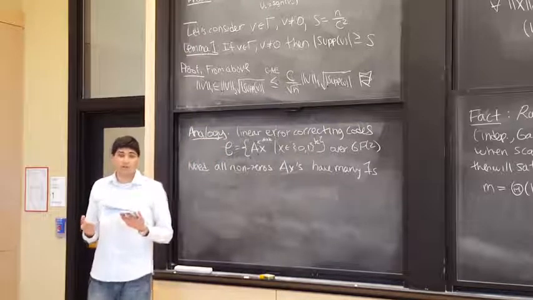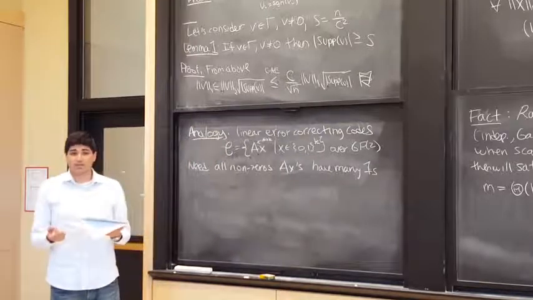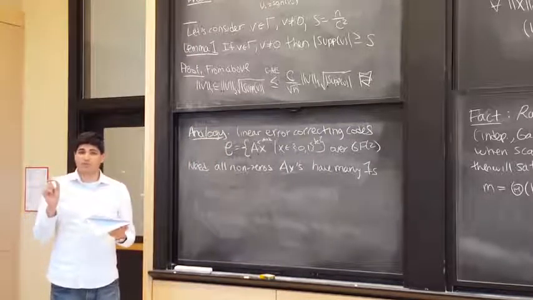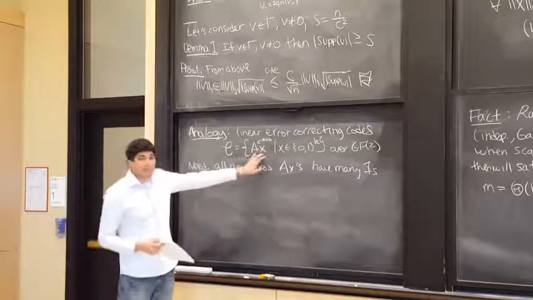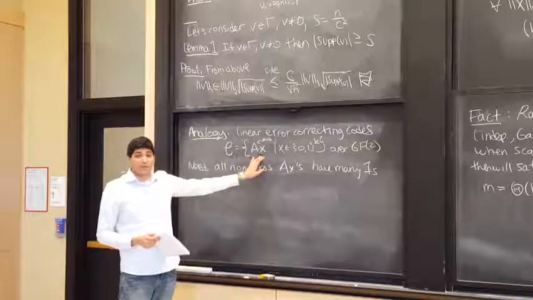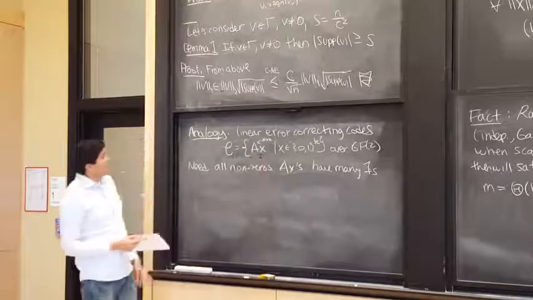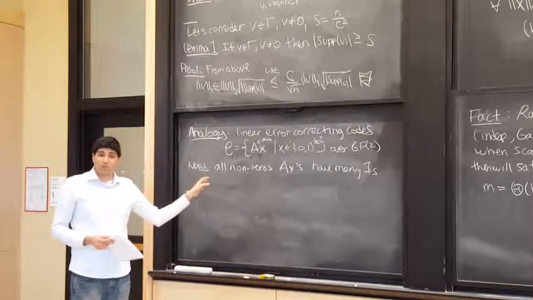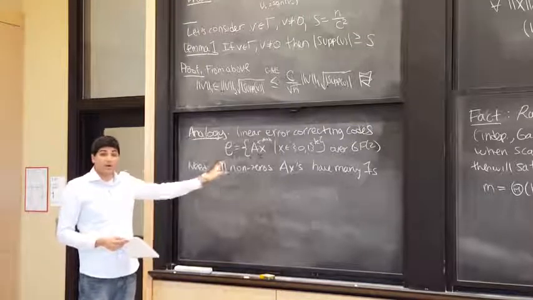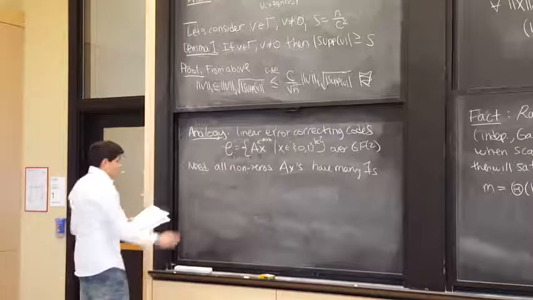If there were some code word that actually had very few ones, then it would give you a way to actually corrupt just those ones and turn it into a different message, which would have been what you get when you encode the all zeros to begin with. So actually, this is why I like these almost Euclidean things, is it actually fits very nicely with some of the intuition about what's going on over linear error correcting codes.